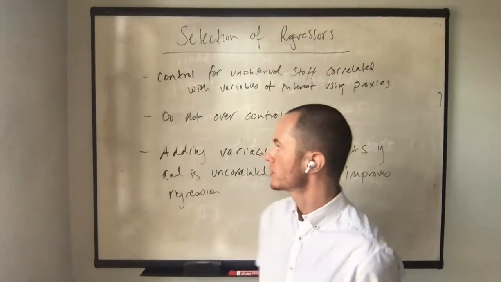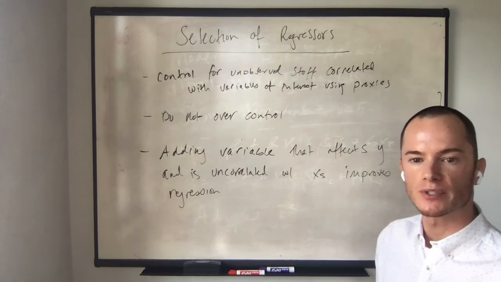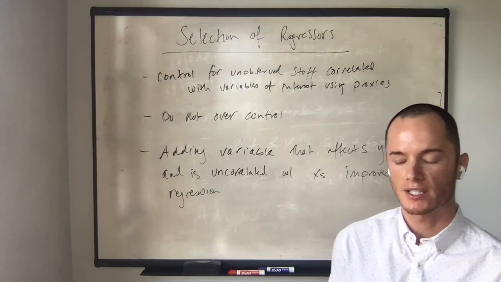We know that we want to control for unobserved stuff that's correlated with our variables of interest. We can do this using proxies, right?